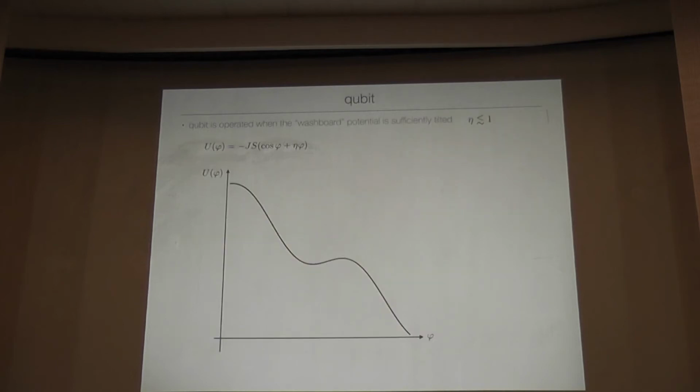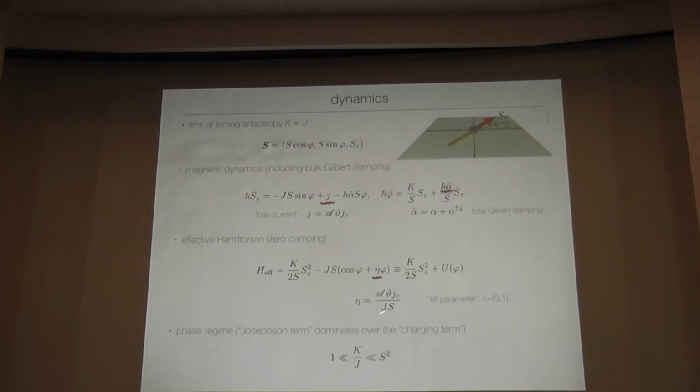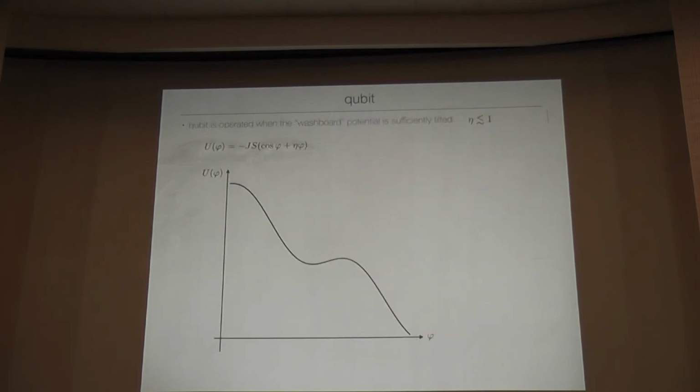All right, so now if we look at the washboard potential, we want to operate in a regime where this eta parameter, which is proportional to the charge current, is close to 1, but slightly less.